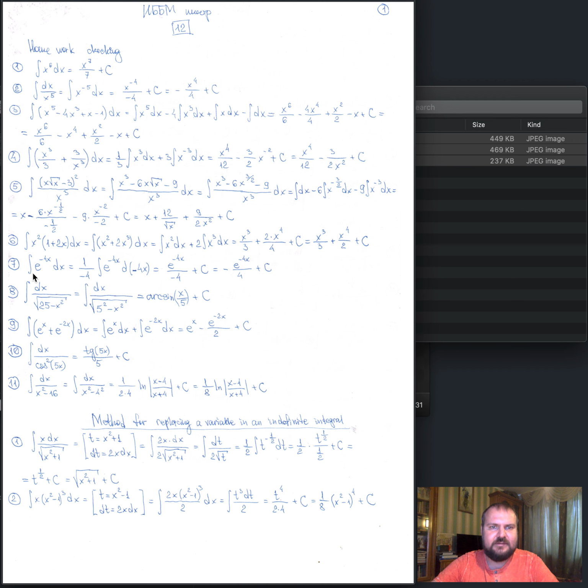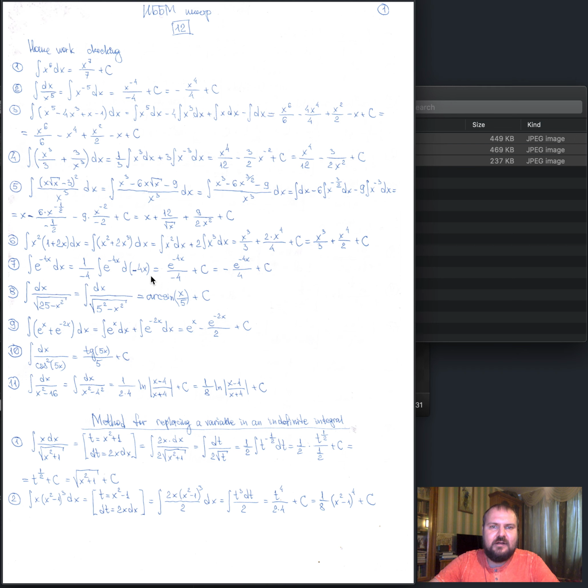Example number 6. Integral from the x in square multiply the bracket 1 plus 2x dx. We open the bracket and rewrite it as integral from the bracket x in square plus 2x in cubic dx. Then we rewrite as two separated integrals.